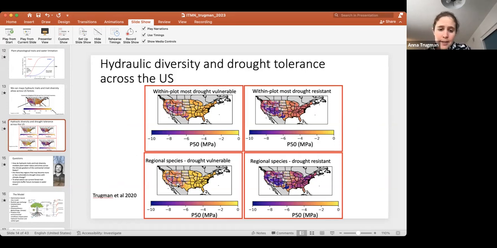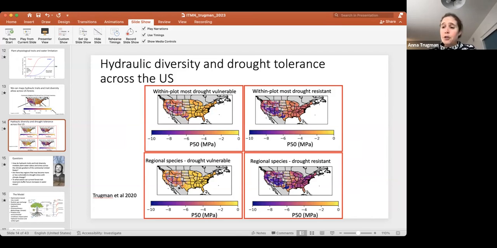In the Western US in particular, where there's a lot more water limitation, we see a much wider range in P50, so a lot more hydraulic trait diversity, compared to the Eastern US, where water isn't always the limiting resource, and the Eastern US has a much wider species diversity. I think this is probably indicative of different drought avoidant versus drought tolerant strategies in the Western US. It's also a pretty topographically diverse location that I think can generate a lot of that hydraulic diversity.